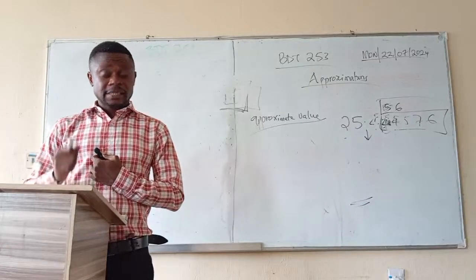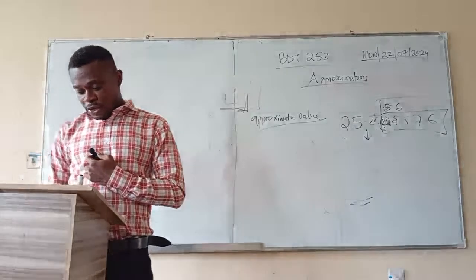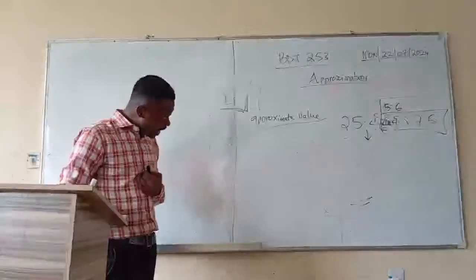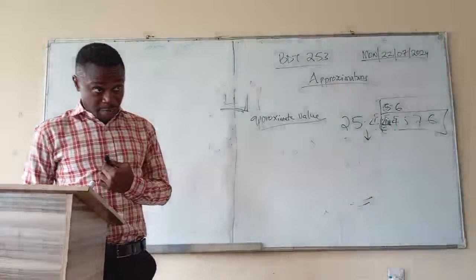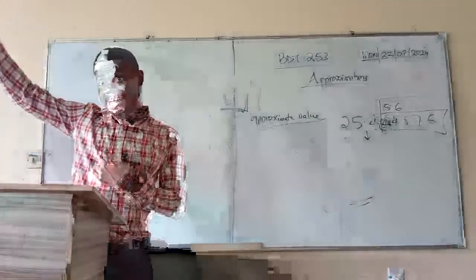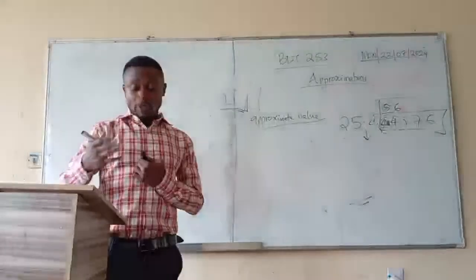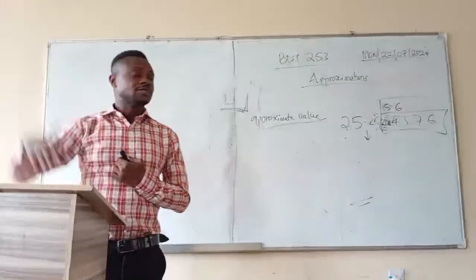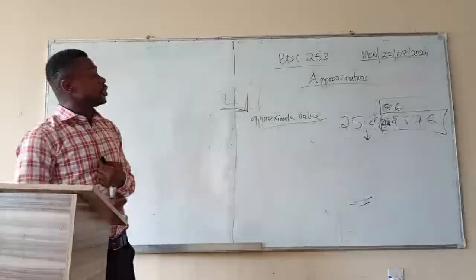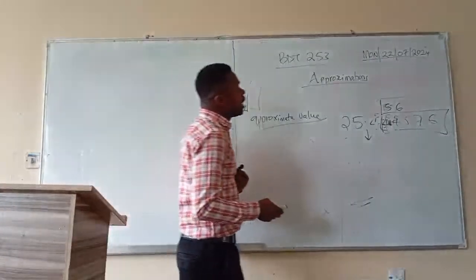Are we together? So if the digit is 5, 6, 7, 8, 9, you round up.